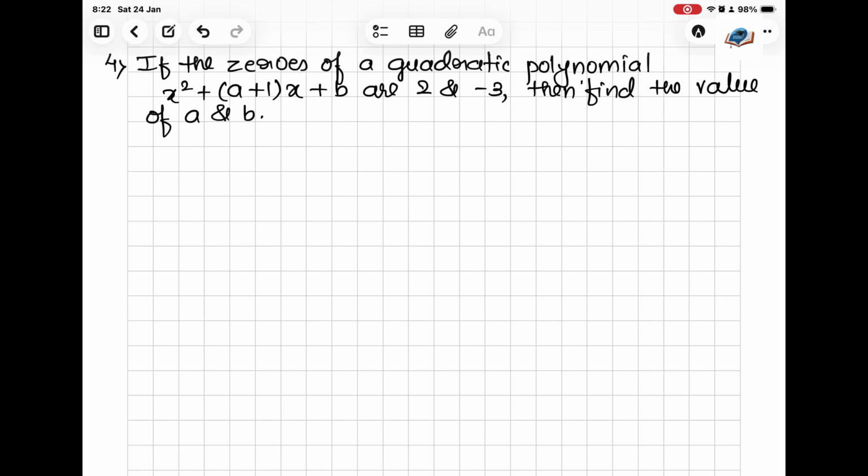So here the sum of the zeros will be equal to 2 plus minus 3, which is equal to minus of (a plus 1).